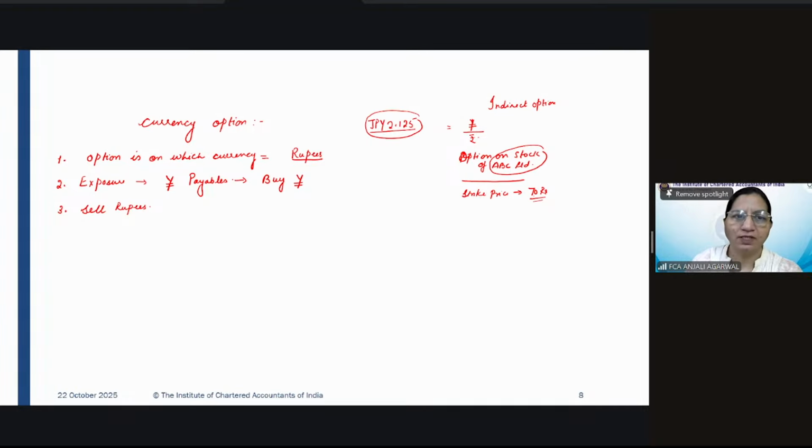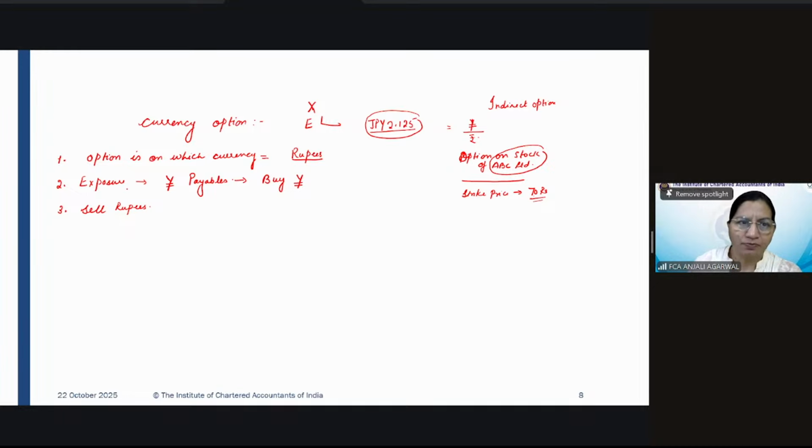So first you have to see that the option is on which currency. Looking at the strike price, which can be represented by the capital letter X. The strike price or exercise price is given as Japanese yen 2.125, which makes it clear that the option is on rupee. You can buy or sell rupee at Japanese yen 2.125.